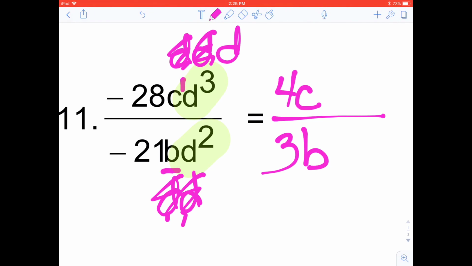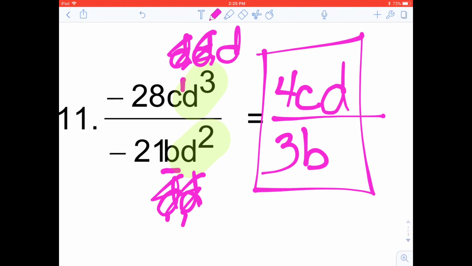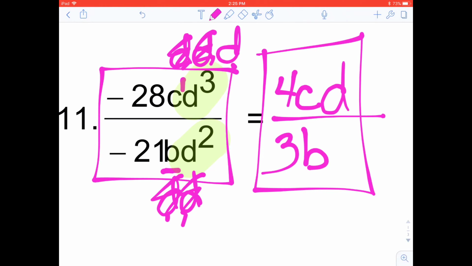That's going to leave me with 1 up top. And so here would be my answer. Again, you could pick a random number for C, D, and also B, store those in the calculator, type in your problem, type in the answer. You should get a match.